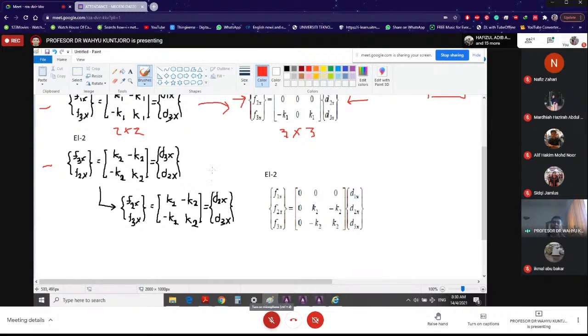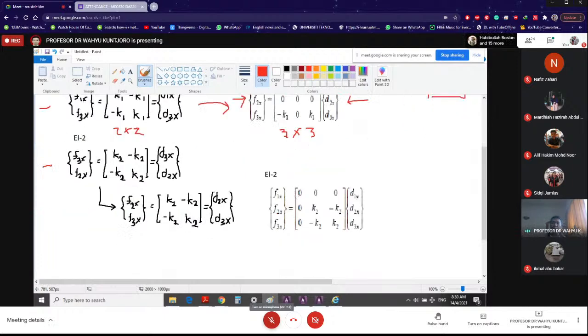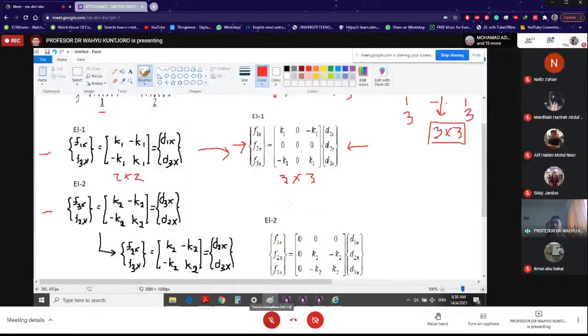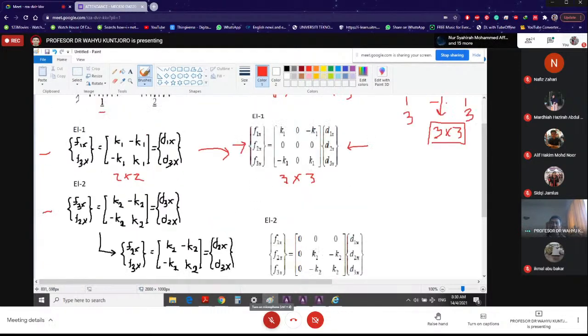Remember that after you expand, you are going to combine the elements. After you expand, this is element number 2. You are going to combine the equation of element number 2 after expansion with element number 1. But remember, when you want to add matrices, they need to be in the same sequence.